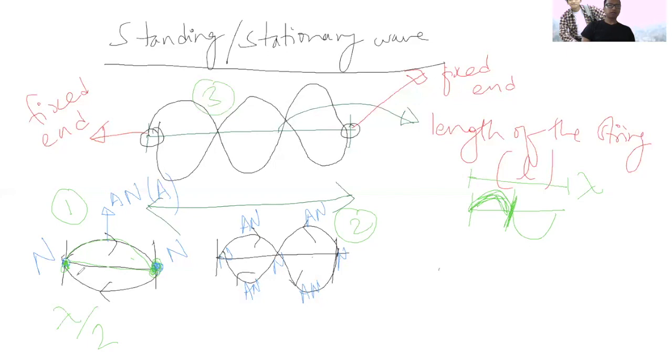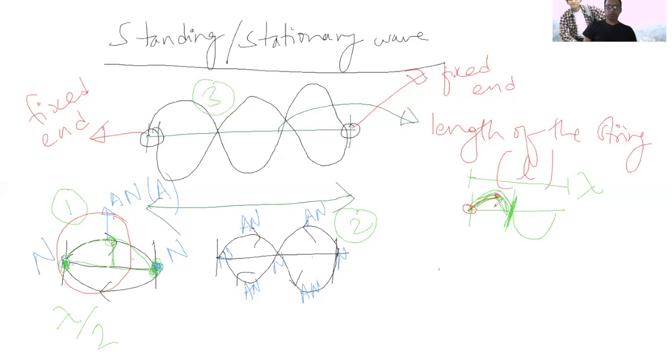Now, if I look at the distance between the node and the antinode over here, this is a segment of the wave in the standing wave. So this is the part I'm going to look at: node and antinode. If I compare this figure with this one, this is the starting point, and it has gone to the maximum displaced position.